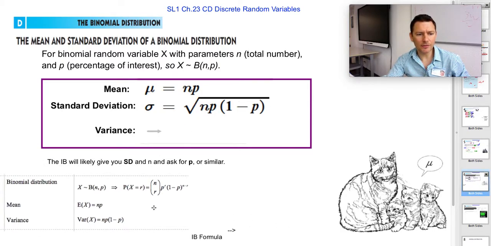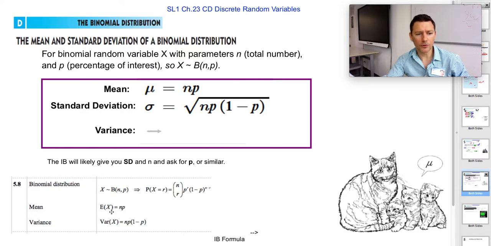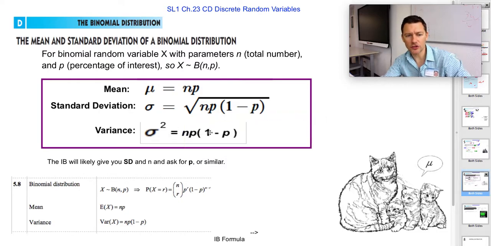Good news is they give you all of it. The mean is like the expected value: the number times the probability. And the variance is the number times the probability times 1 minus the probability. And therefore, the variance is the standard deviation squared, so you can go back and forth between those.